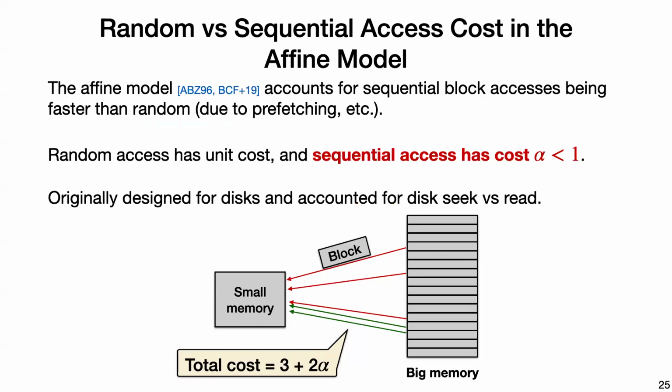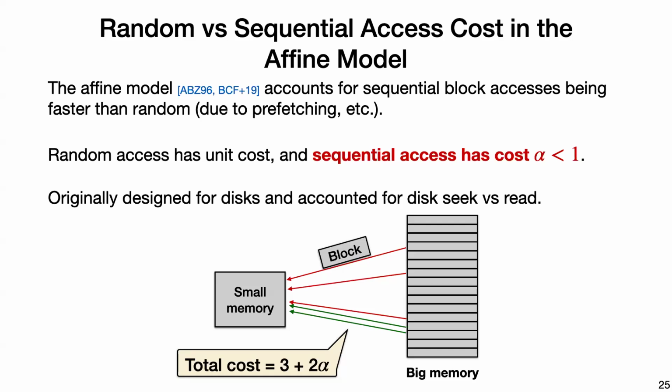But there have been more advanced models than the DAM. More recently, there has been the affine model, which accounts for sequential block accesses, which is related to things like prefetching in memory. In the affine model, it's similar to the DAM, except that if the blocks are contiguous, the first one costs you 1, and the subsequent ones cost you alpha, where alpha is much less than 1. So previously this cost 5, and now it would cost 1, 2, 3 plus 2 alpha, if these two are after this one.